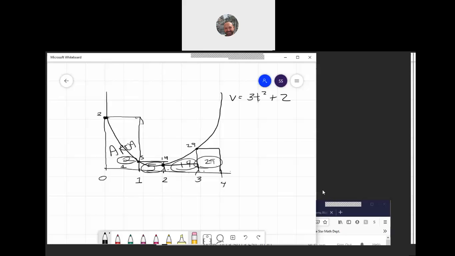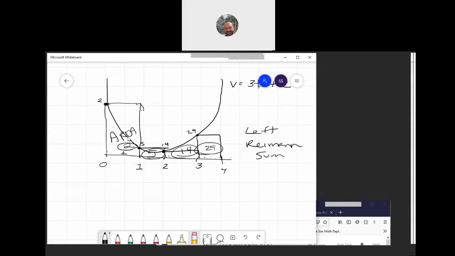That'd be 29. So this is a left Riemann sum. All I would do is multiply length times width to get each rectangle, and then add all the rectangles together and get the total area.